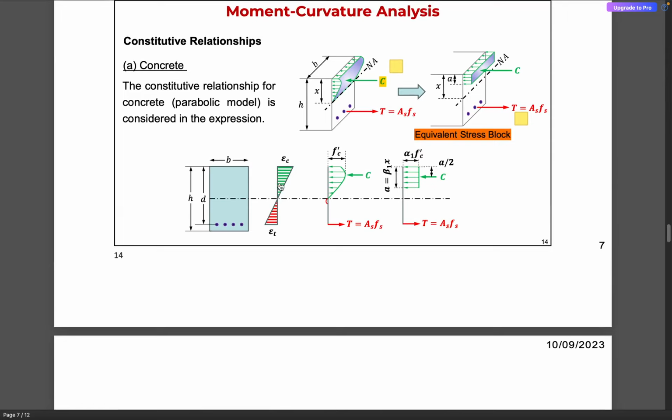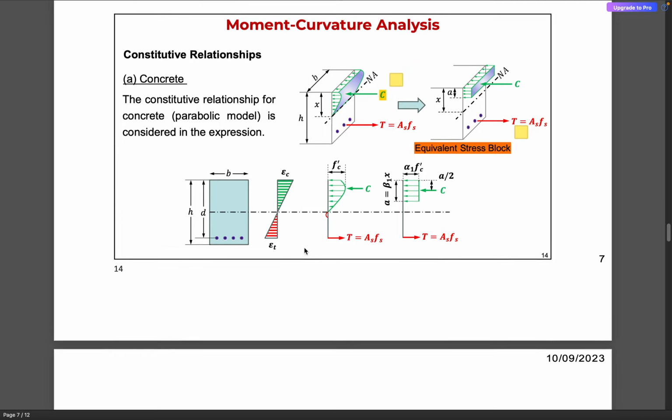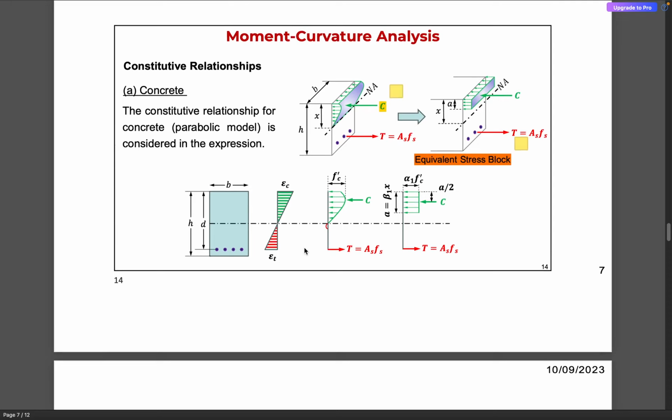The curvature phi is given by epsilon c divided by the depth of the neutral axis x. In that way we are going to establish the moment and curvature for different strain values within concrete.